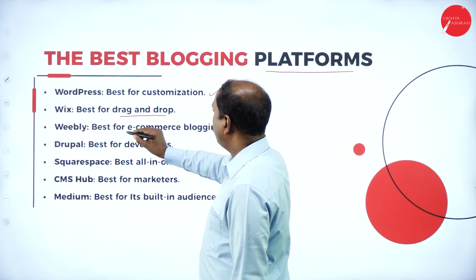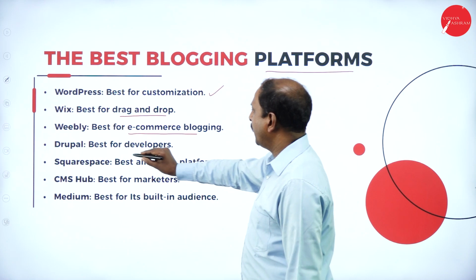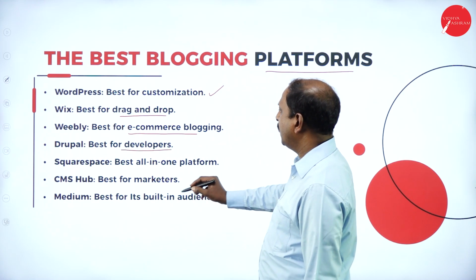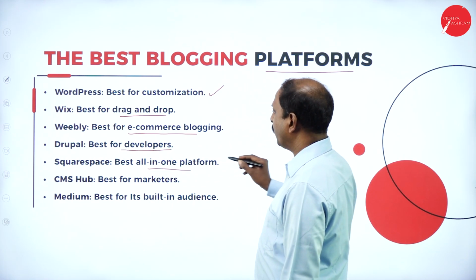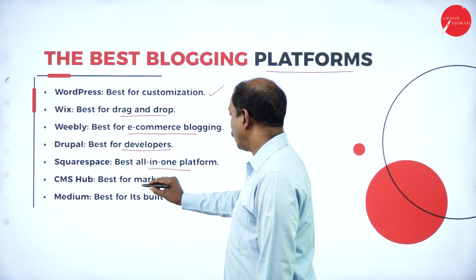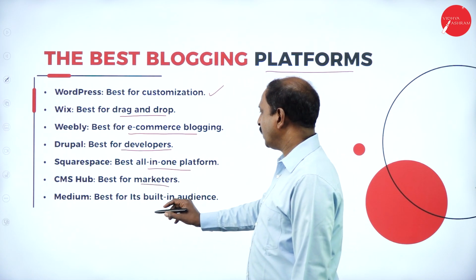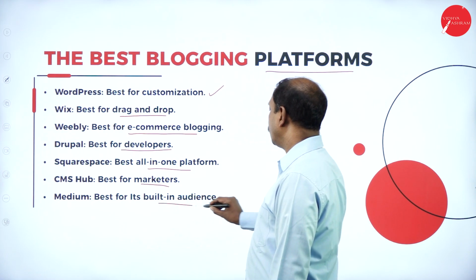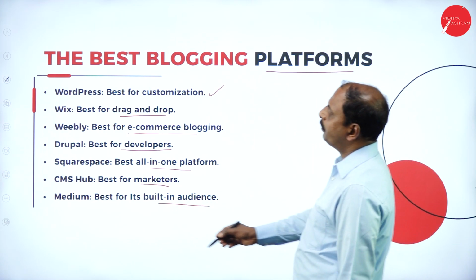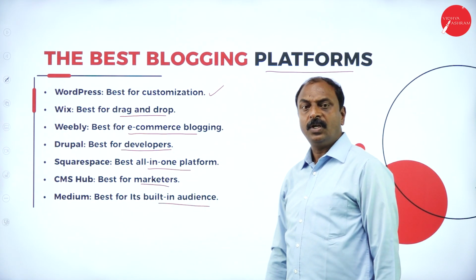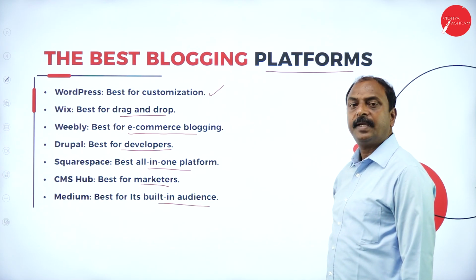Weebly is best for e-commerce and for web developers. And this is an all-in-one platform, CMS Hub, for marketers, as well as best for its built-in audience. So these are different platforms or software available to develop a blog site.